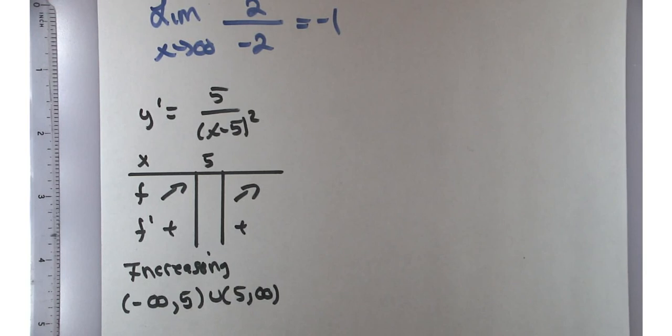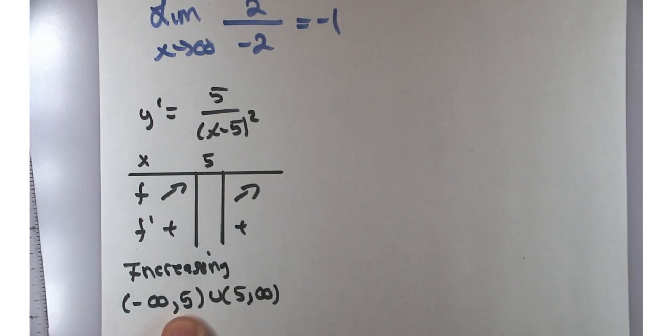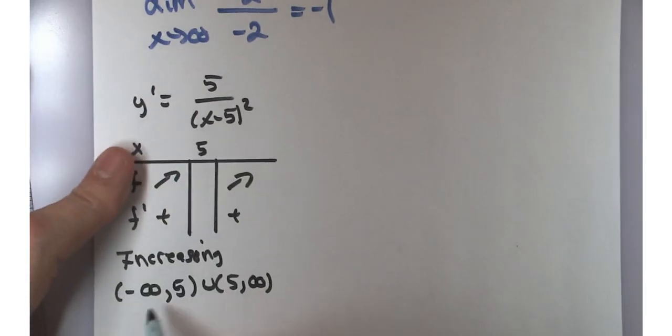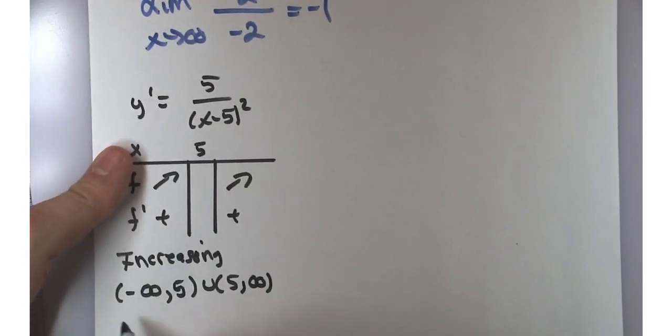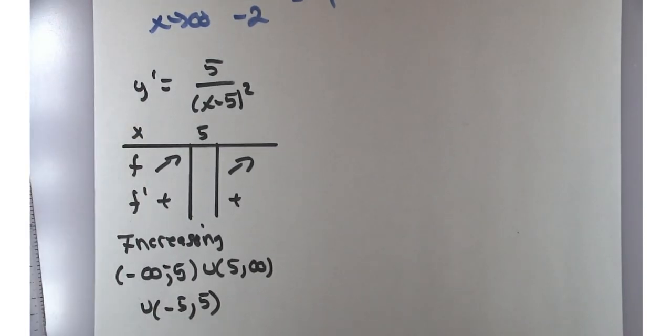Actually, I should probably put around negative 5 as well. Yeah, because at negative 5, it's undefined. So I should really extend this a little bit and put around negative 5 to 5. There we go. Now that covers everything, because negative 5 is not in the domain.